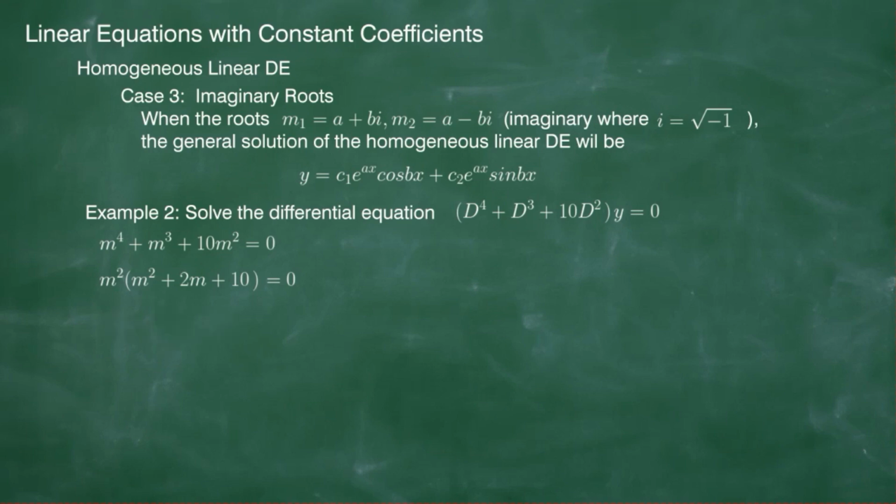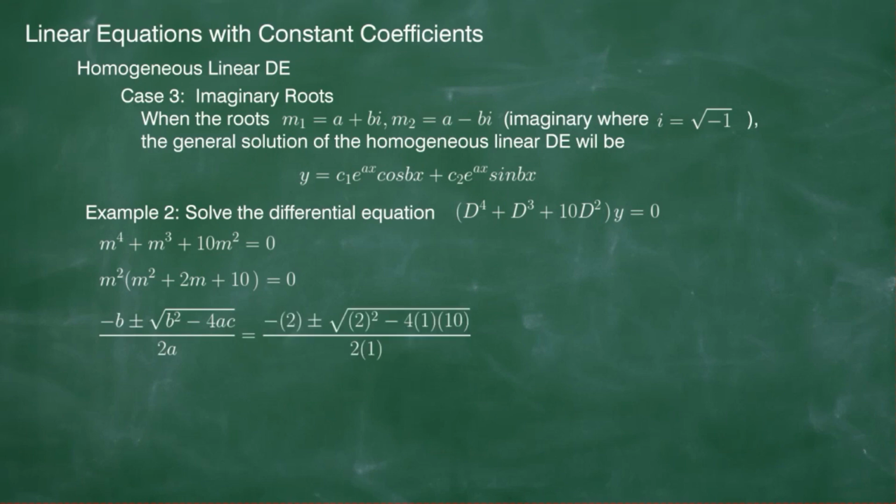We cannot factor m squared plus 2m plus 10 because the factors of 10 could be 2 times 5, from which we cannot get plus 2, and from 1 times 10 we also cannot get the plus 2 in the middle term. So now we are going to use the quadratic formula.